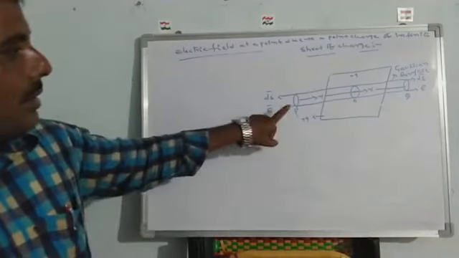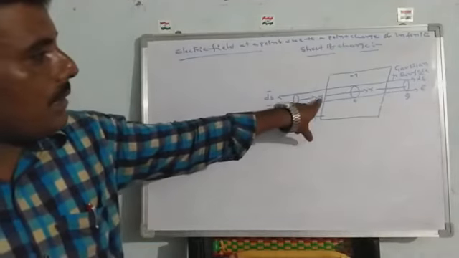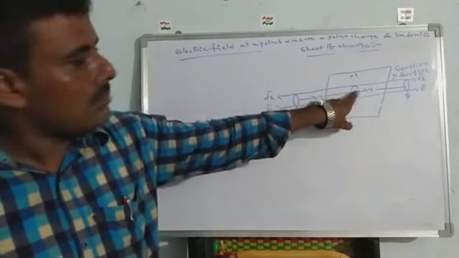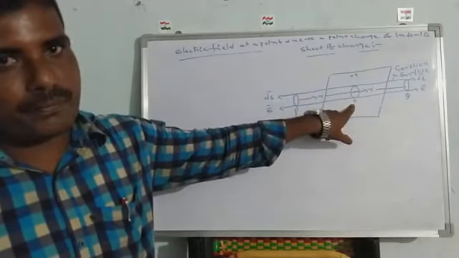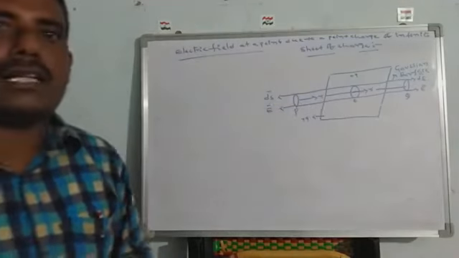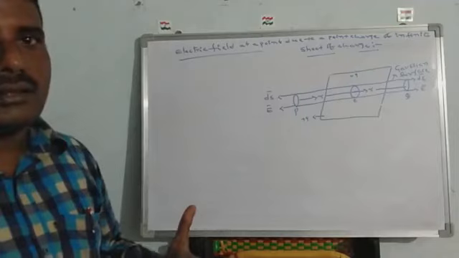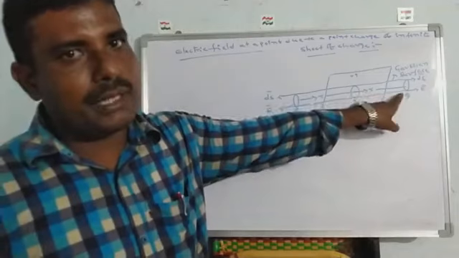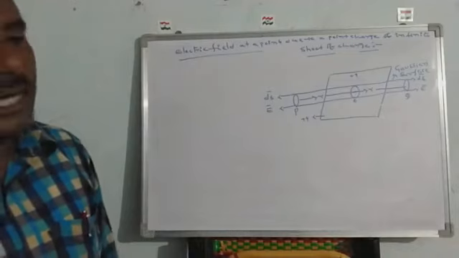Let us consider a point P at a distance r from the sheet of charge, that is, the distance r from the point O. In order to calculate the electric field, we consider the symmetrical point Q opposite, on the other side.